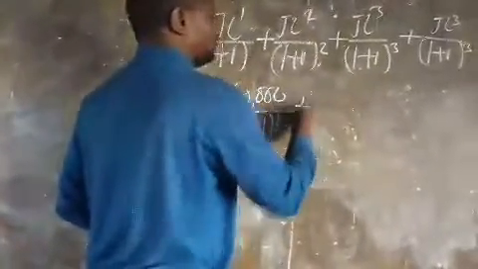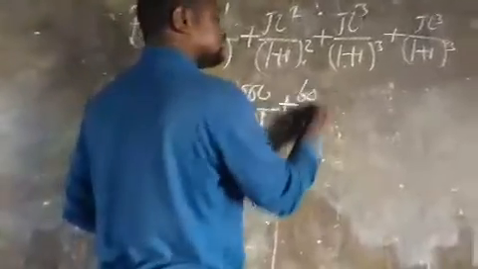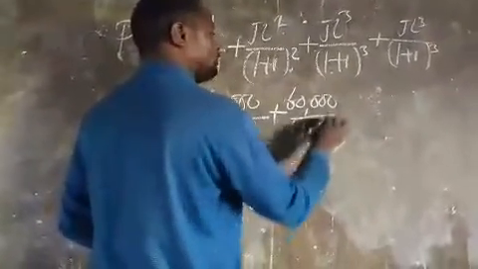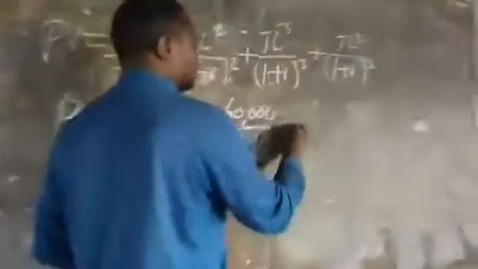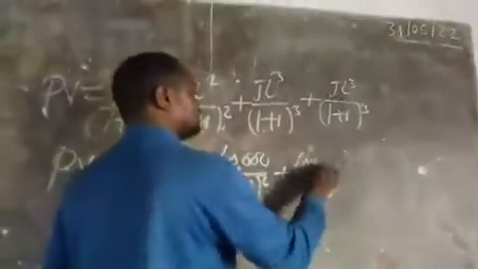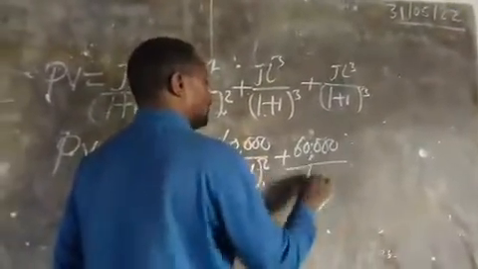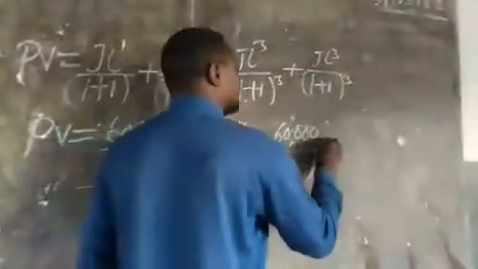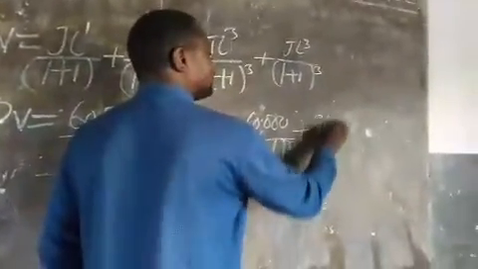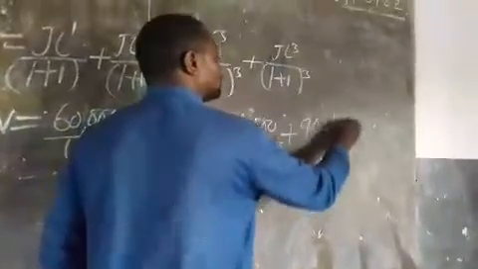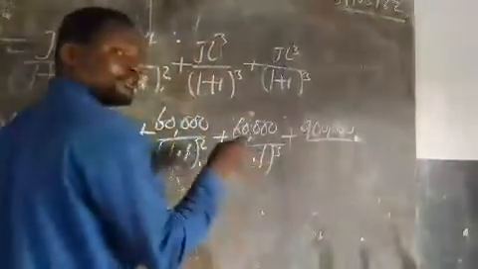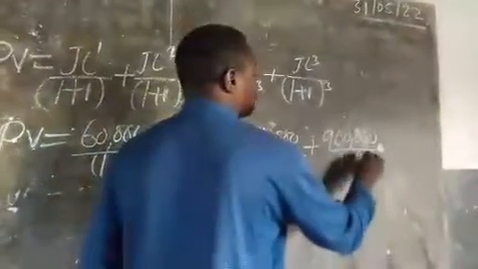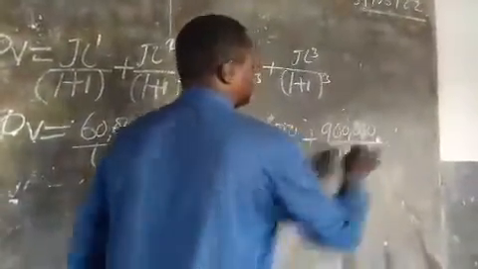Next, we add for the second year, which will be 60,000 divided by 1.1 to the power 2. Then 60,000 divided by 1.1 to the power 3. And lastly, we are going to say plus 900,000, the value at which you are going to sell this firm, divided by 1.1 to the power 3.